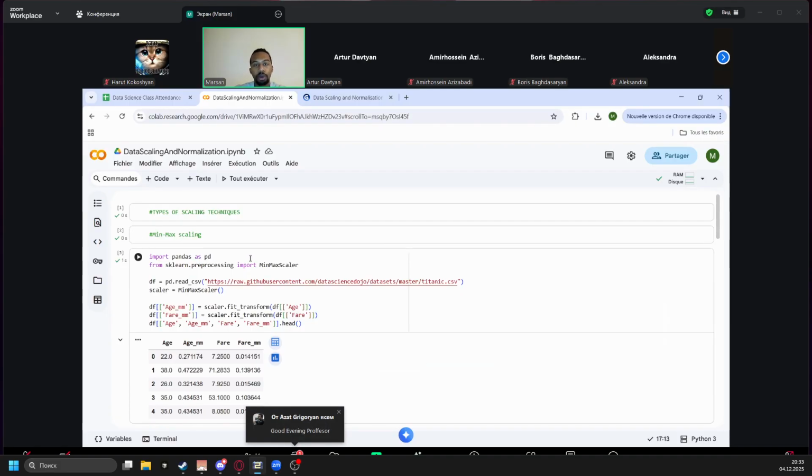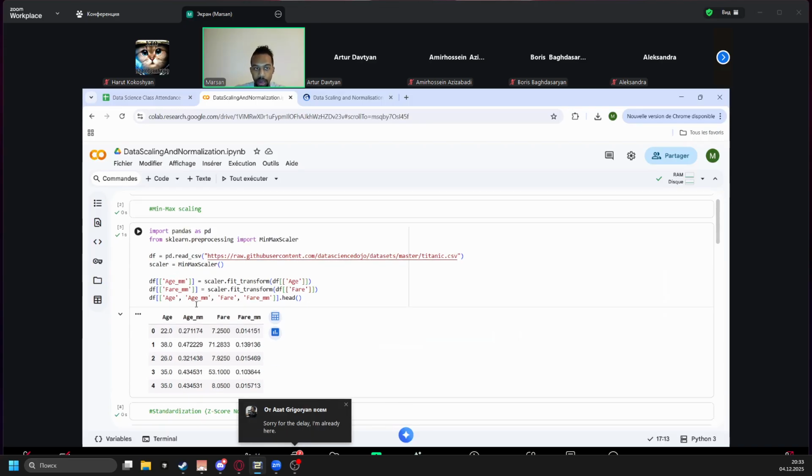If we take the example of the Titanic, about the age, for instance, we can have people who are 22 years old, others who are 35 years old. With the min-max technique, here are the new ages, and as we can see, they are between 0 and 1.